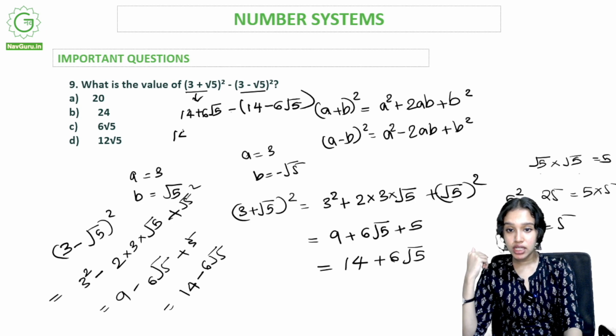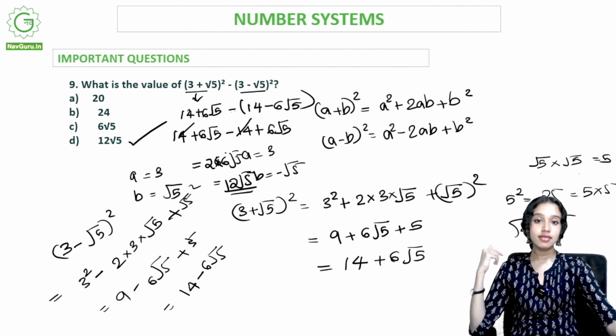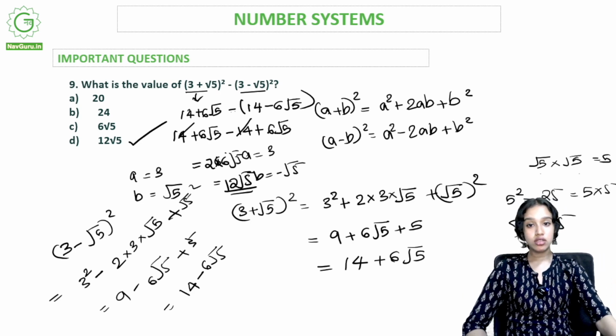So 14 plus 6 root 5 minus 14 minus into minus gives us plus, which is 6 root 5. Cancelling out both of these, and we get 2 times 6 root 5, which is 12 root 5. And here we got the answer. So let's move on to the next question.